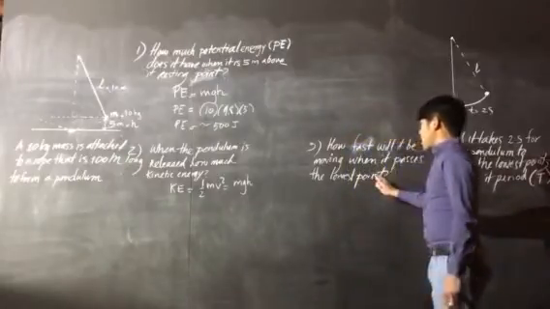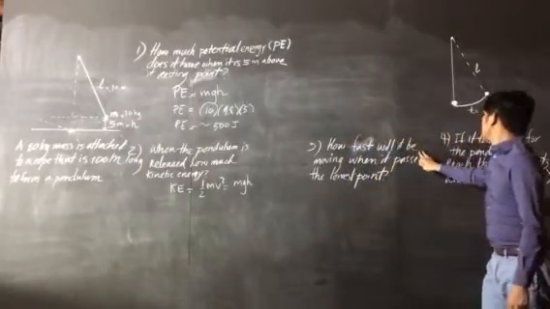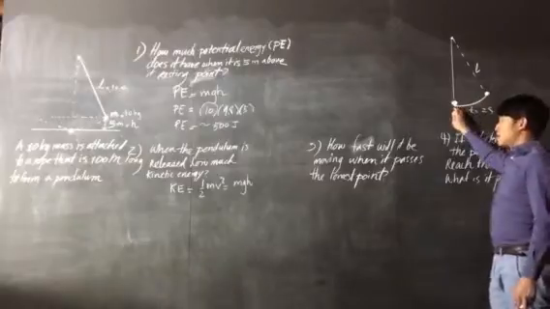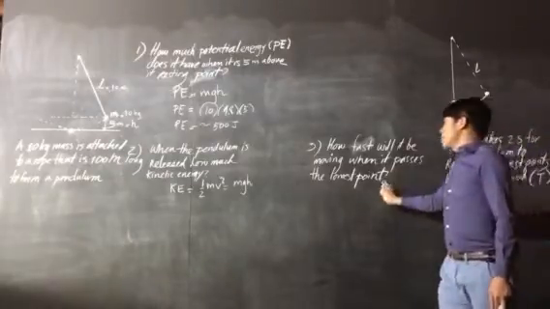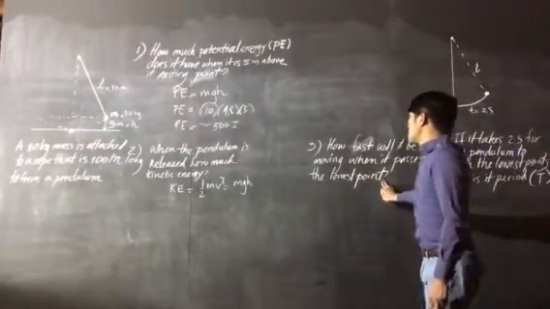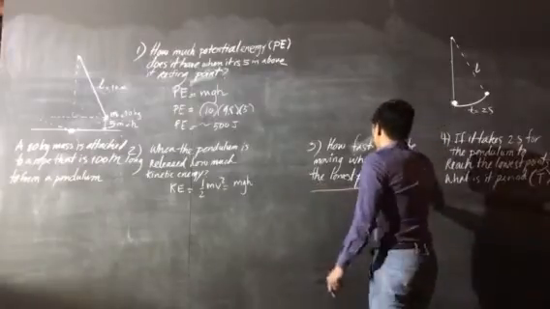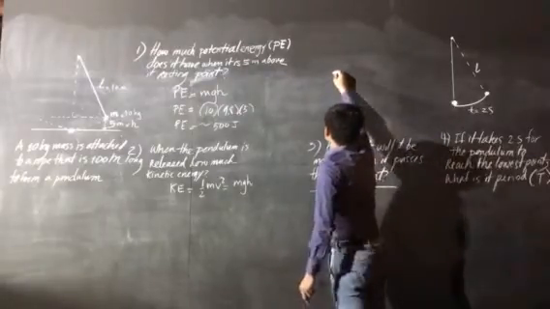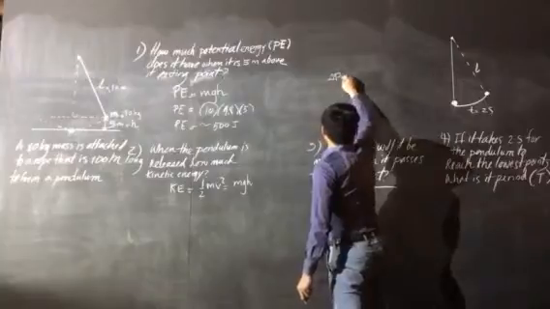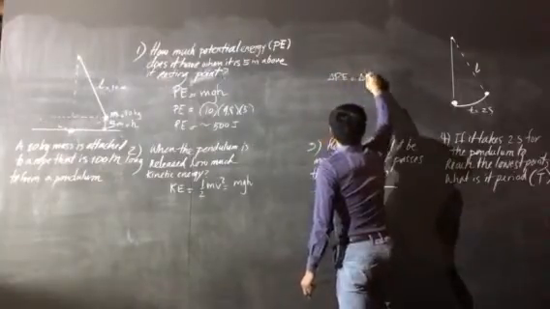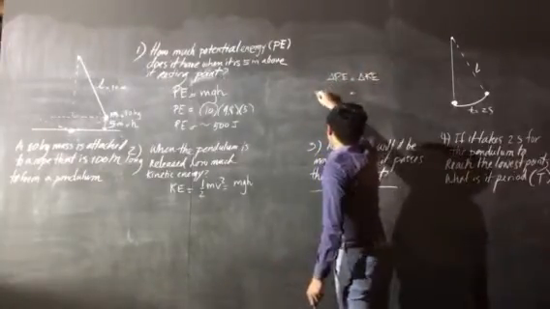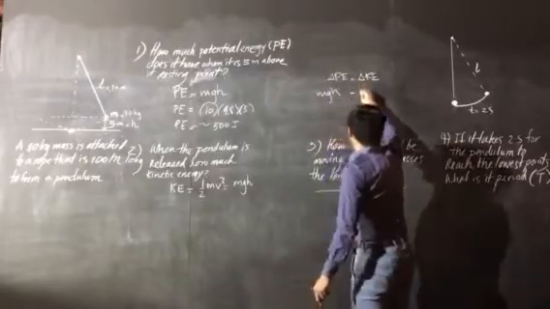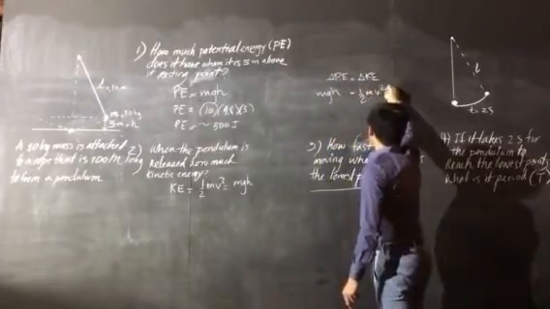So question number 3, how fast will this object be at the lowest point? With this, you're going to utilize the concept that potential energy is equal to kinetic energy. Potential energy is mgh, and this is 1/2 m velocity squared.